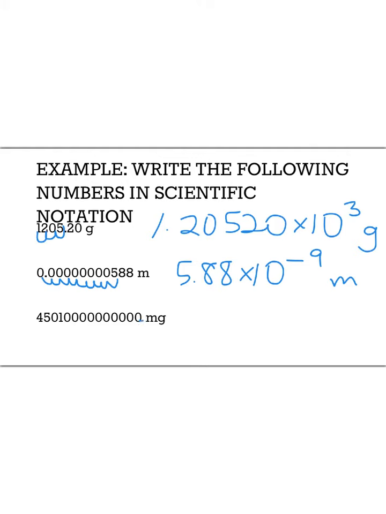We move this over 1, 2, 3, 4, 5, 6, 7, 8, 9, 10, 11, 12, 13. So we would have 4.501, watch your significant figures, times 10 to the 13th milligrams.